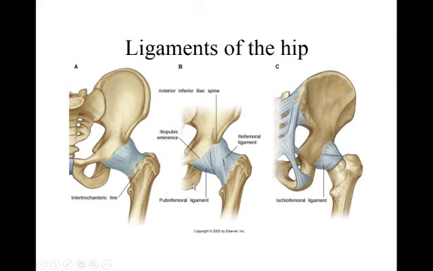Then that capsule is further reinforced by 3 very strong capsular ligaments. The biggest and strongest ligament is the iliofemoral ligament. What's the other name for this one? We call it the Y ligament, and it's because the superior attachment is on the AIIS, and then it comes down and it splits a little bit.